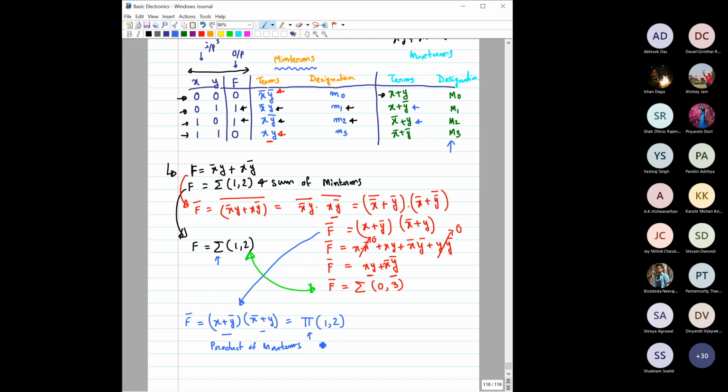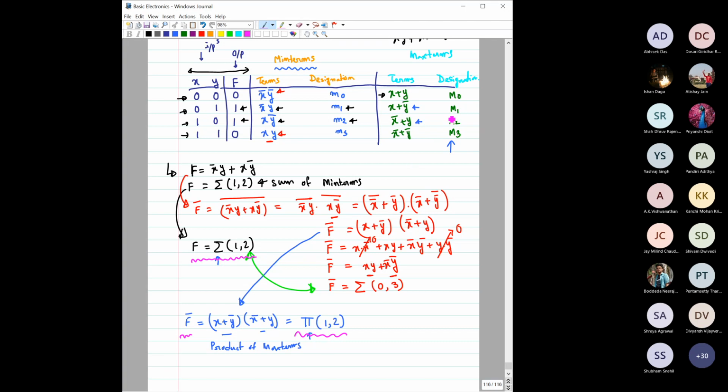So the representation is this one. Now try to distinguish between these two. When you write in terms of sum of min terms, it is summation of 1 comma 2. But here what we are writing is f bar, the inverse function. When represented in terms of product of max terms, it is the same thing, Pi of 1 comma 2.